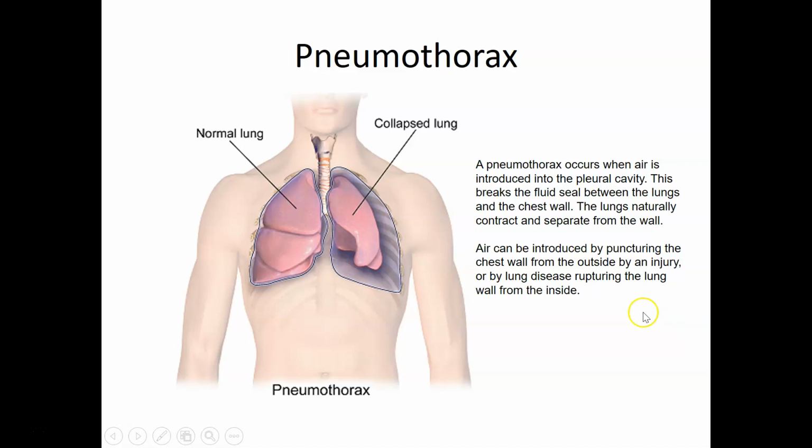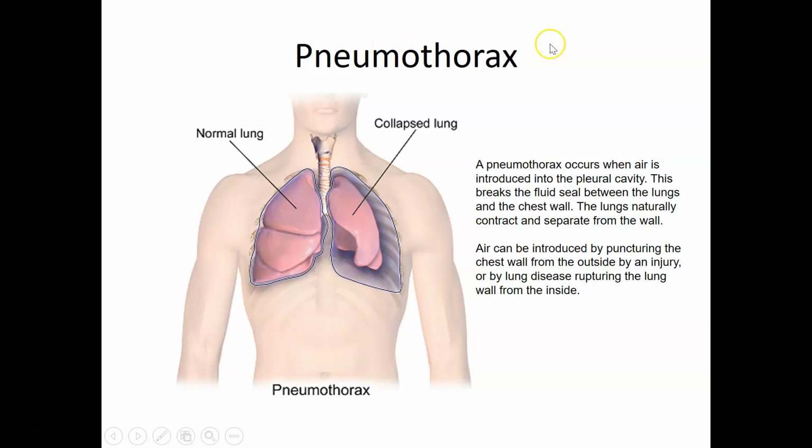That could be due to some kind of injury, which, let's say, a puncture due to a stick poking into the rib cage, or a knife wound also can be such an injury. In such an injury, that introduces air, and that allows air to fill the pleural cavity and allows the lung to collapse upon itself.